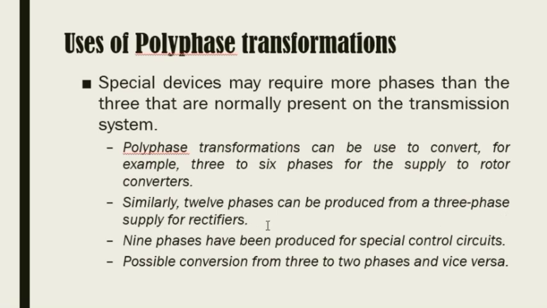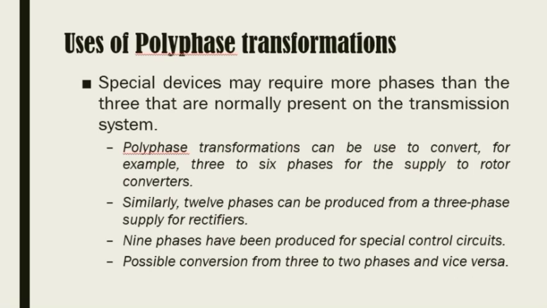As I mentioned earlier, it is not limited to just 2 or 3; many phases can be produced. It is also stated that 9 phases have been produced for special control circuits, and there is a possible conversion from 3 to 2 phases and vice versa.